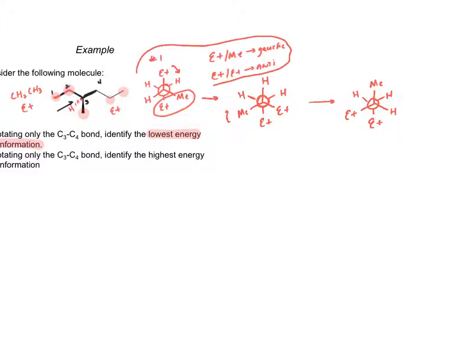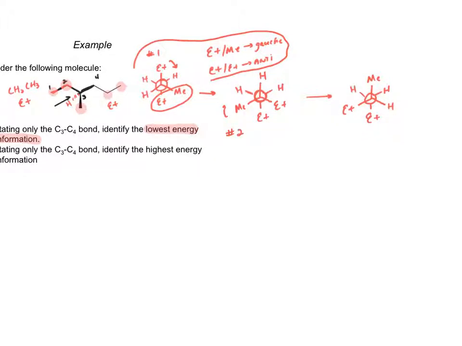This guy goes for conformation number 1. Then conformation number 2, which is this guy. What type of gauche interactions do we have here? We have the ethyl methyl and ethyl ethyl. So now we have this guy in a gauche position, and then we also have this guy in a gauche interaction. So at this point we have an ethyl ethyl gauche and an ethyl methyl gauche as well.